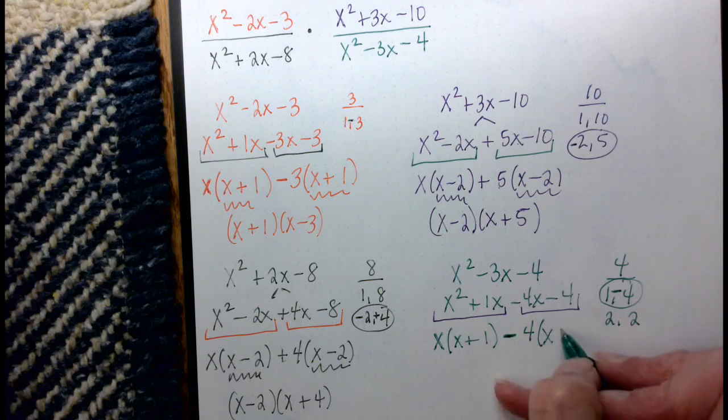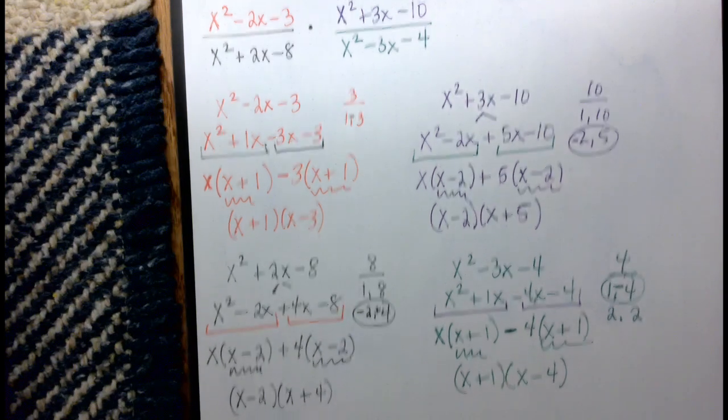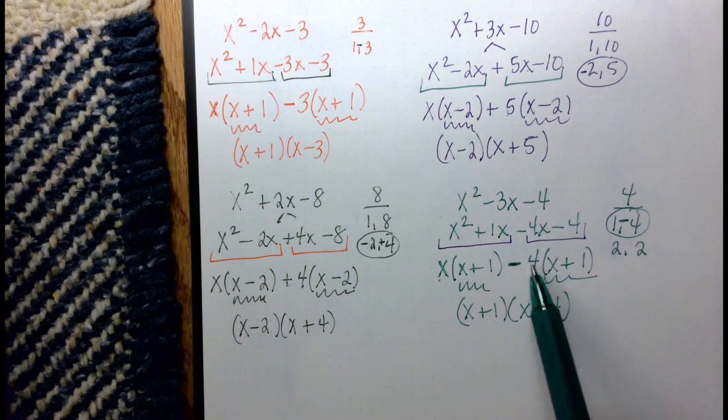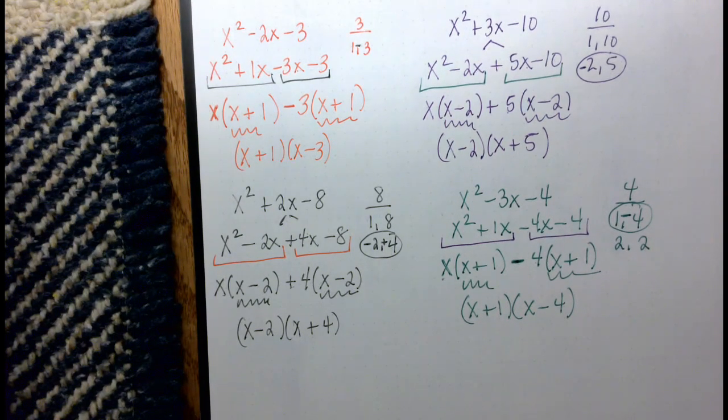Negative 4 divided by negative 4 is positive 1. And we've got x plus 1 in each group, and then we've got an x minus 4. So now we can put that all back together.